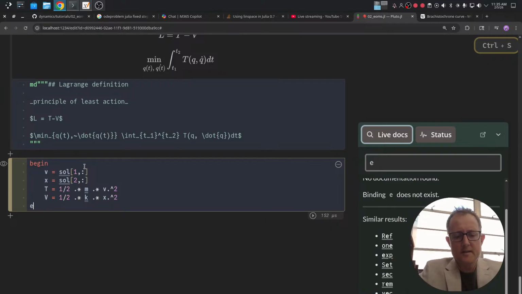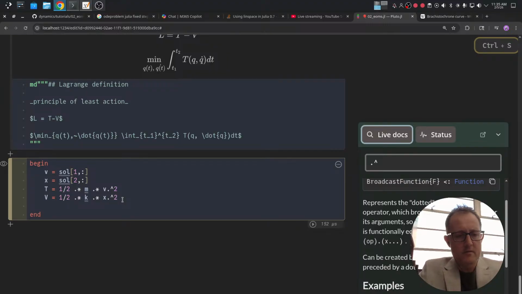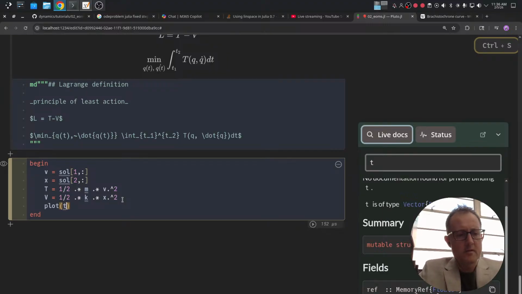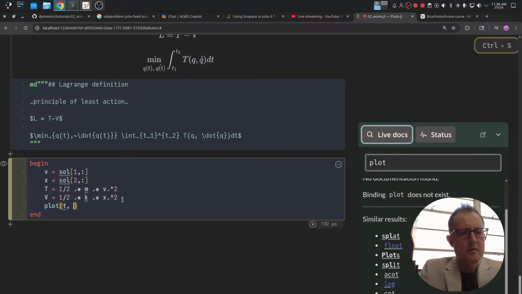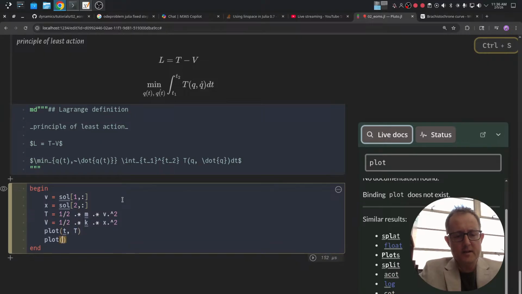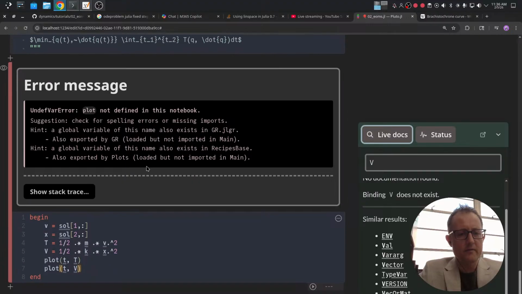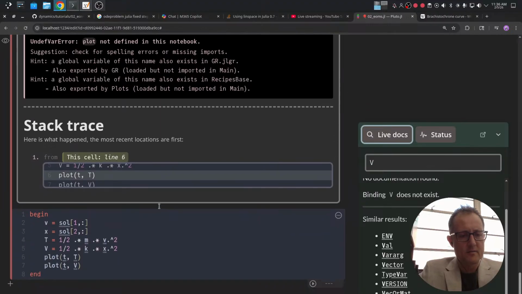And you know what, let's just plot those two. Do I have, yeah, I have T defined, so let's plot kinetic energy and plot the potential energy just to see what we've got and what's wrong.